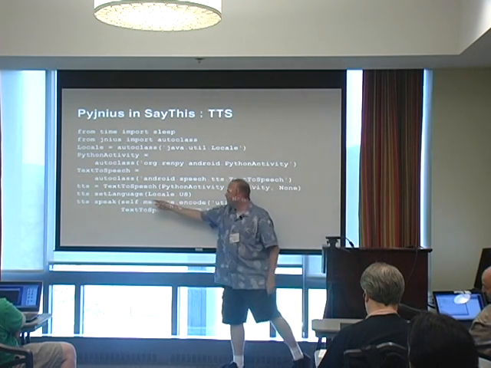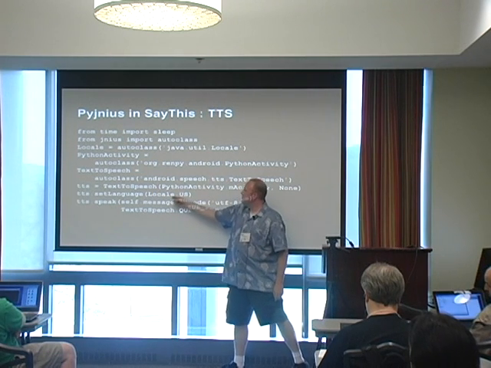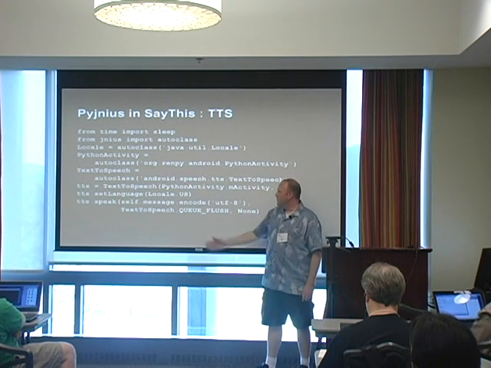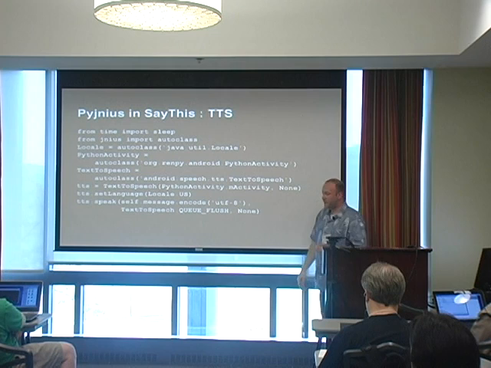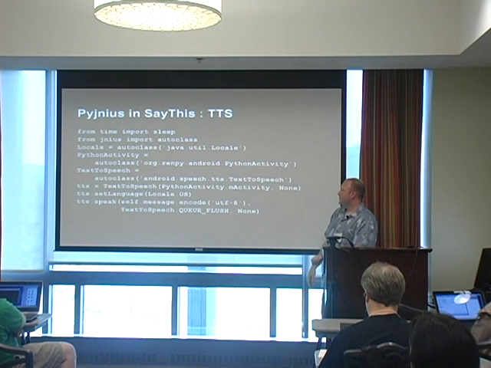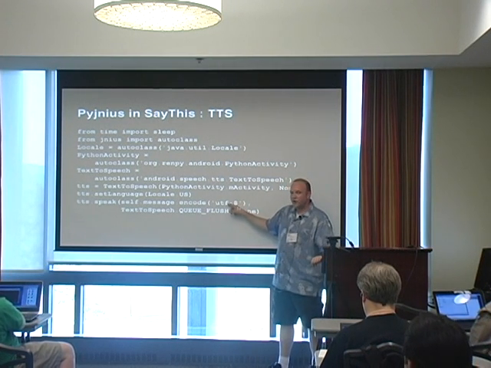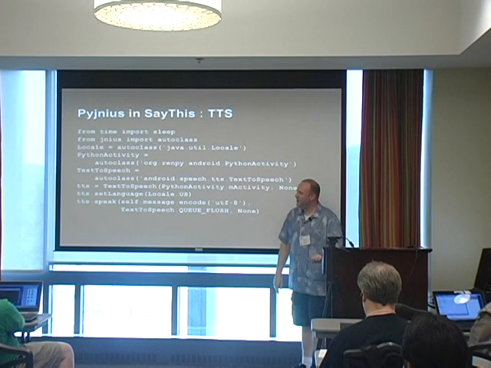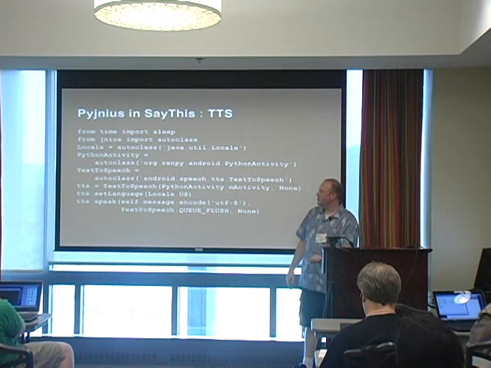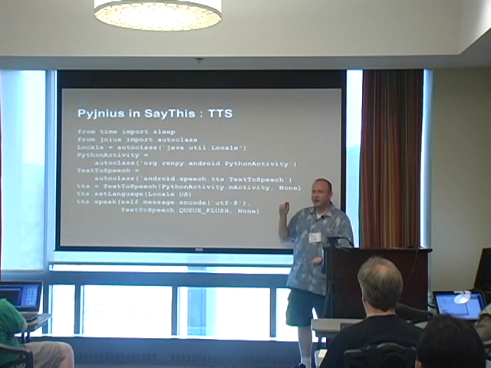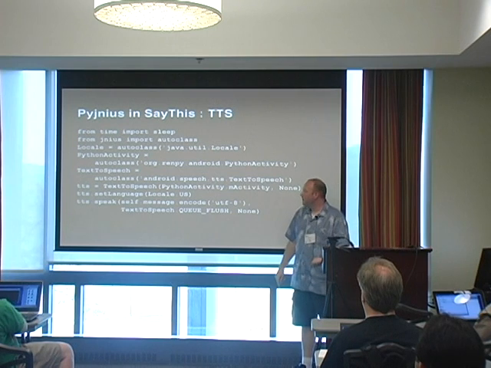And here's where we set the language on that instance. We take our locale from up there and say US, and then we do TTS speak, which is part of the text-to-speech call, with our message. And sometimes you'll run into Unicode stuff. A lot of times you've got to take your Python strings and make sure you encode them to UTF-8 when they go out to Java.